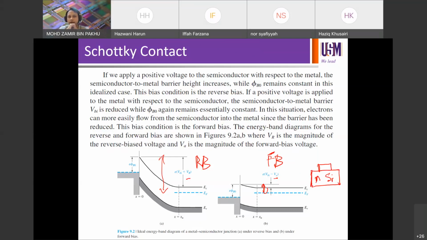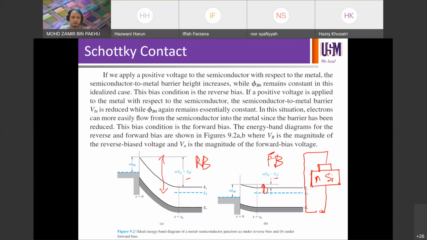And we know that the metal contact work function is bigger than the work function of our semiconductor material, as given on our previous page. And now what we're doing on this page is just to apply a bias, either forward or reverse bias.